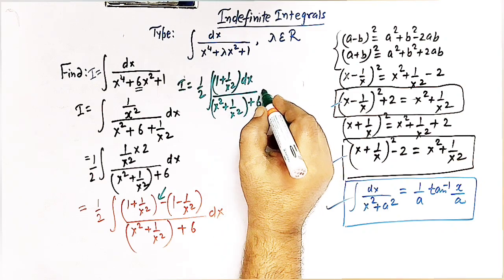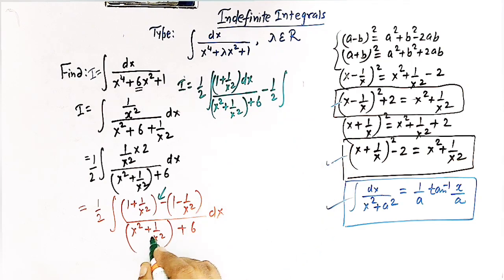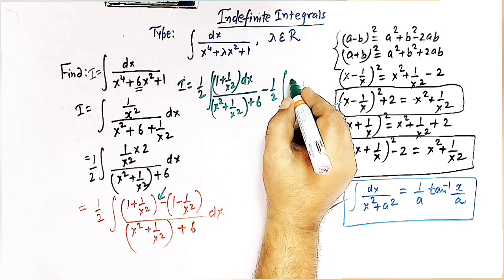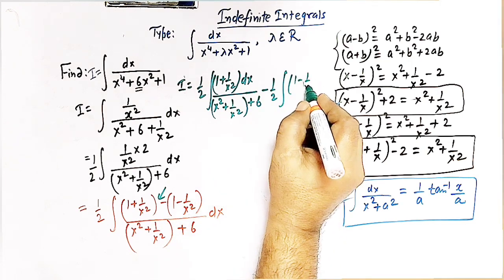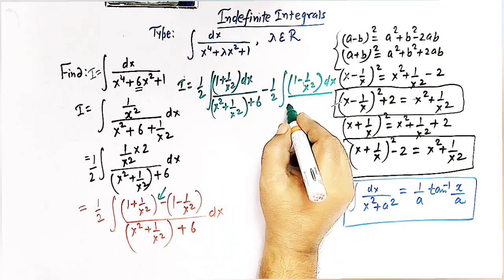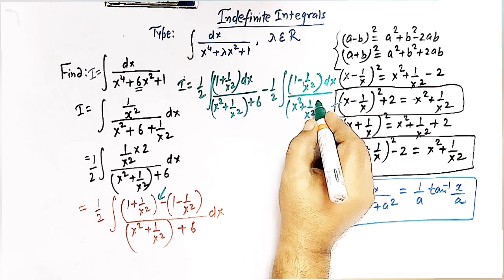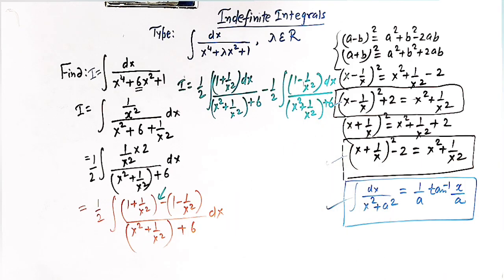So this is the first integral, and the second integral is half, and then we have 1 minus 1 over x square dx, and then we have x square plus 1 over x square plus 6, right?